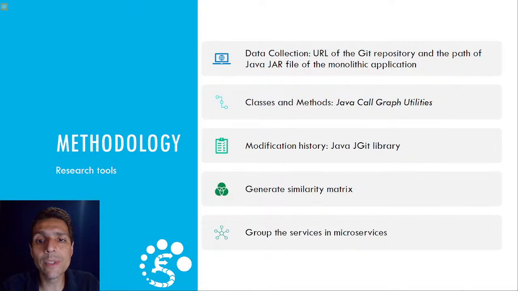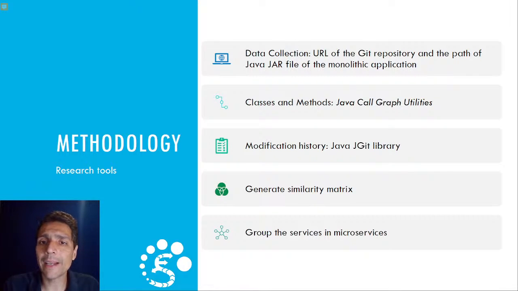Which tools were used to perform the decomposition? We built a working tool. You can find it in the Git repository; in the paper there is the Git repository. The tool is a web tool where you can put the URL of the Git repository, the path of the jar, and the weights that you want for the classes, methods, and change history.